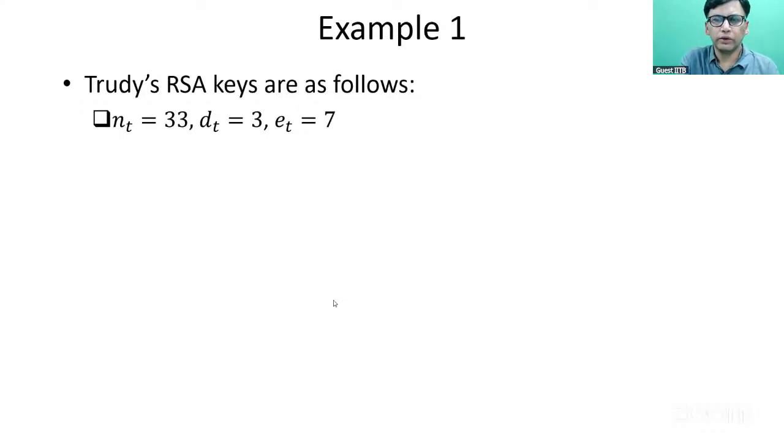So Trudy's RSA keys are as follows. NT is 33. Recall that NT is a modulus, then DT is 3 and ET is 7. So the public key of Trudy is NT comma ET, which is 33 comma 7, and the private key is NT comma DT, that is 33 comma 3.